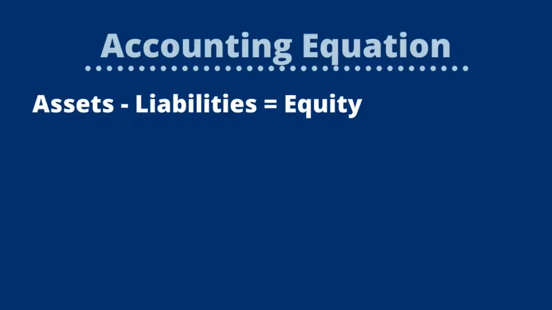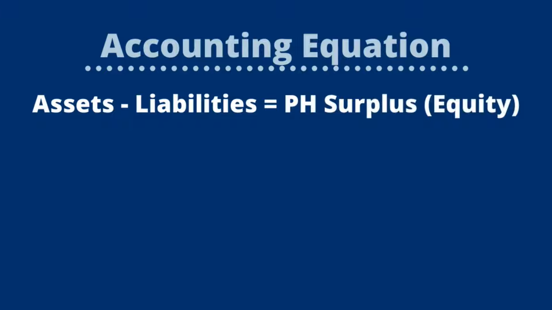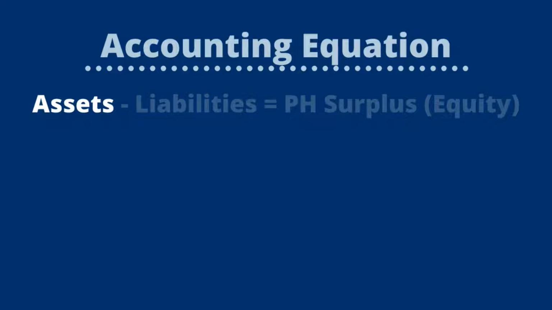In the insurance industry, we use a variation called the SAP accounting equation that essentially replaces the term equity with the term PH surplus. Now, assets include nearly anything with financial value that a business owns. This includes financial assets such as cash and investments, physical assets such as vehicles and inventory, and receivables.